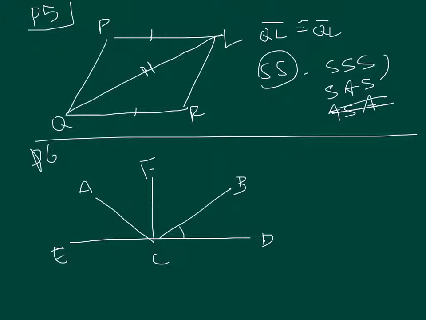We don't know how many degrees they are, but we know that those two angles are congruent. Points E, C, D are collinear. That means this part is collinear. And also it says segment FC is perpendicular to segment ED. So right there, that's 90 degrees and here's 90 degrees.